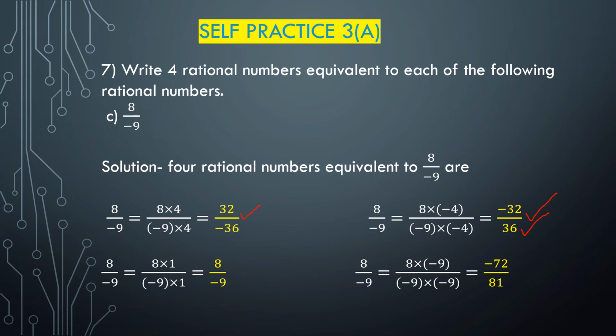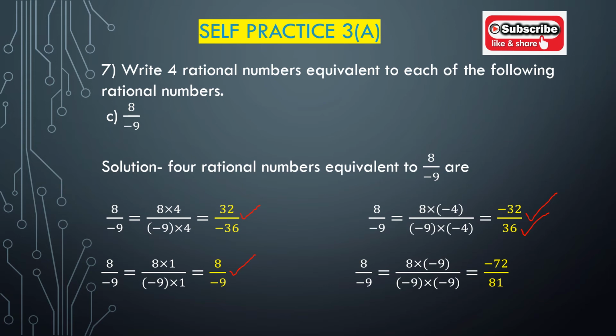If we multiply the number 1 with both numerator and denominator of 8 divided by minus 9, we get 8 multiplied with 1 is 8, and minus 9 multiplied with 1 is minus 9. So we get 8 divided by minus 9, which is equivalent to the rational number 8 divided by minus 9.